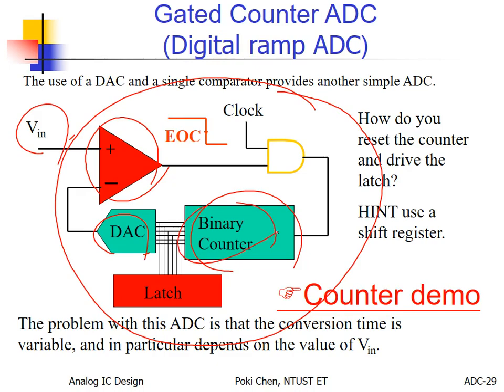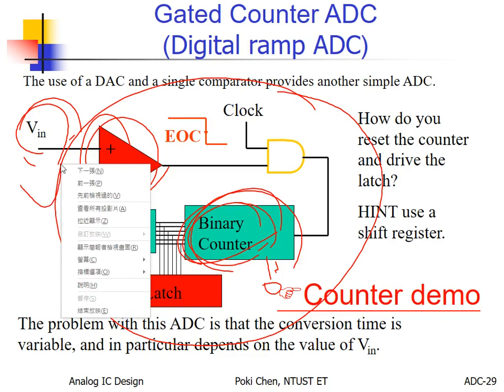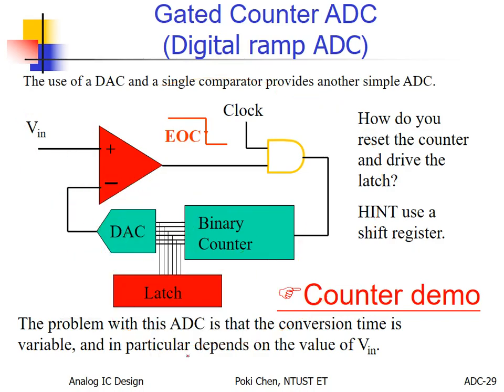We need some kind of binary counter, okay? From the beginning, you can see, for each conversion, we reset the counter to 0. It means we count the digital output one by one to increase the output of your DAC and compare to your V-in, until it sends the reverse signal. Because from the beginning, your V-out is smaller than V-in, since it's reset to 0 to make sure everything is correct after reset.